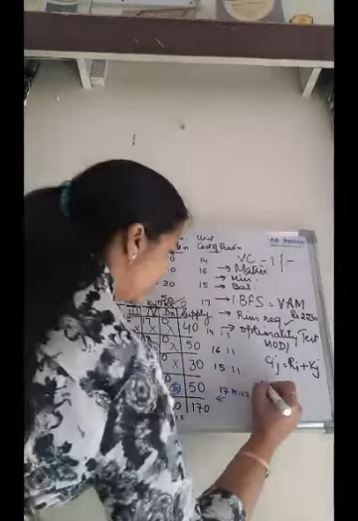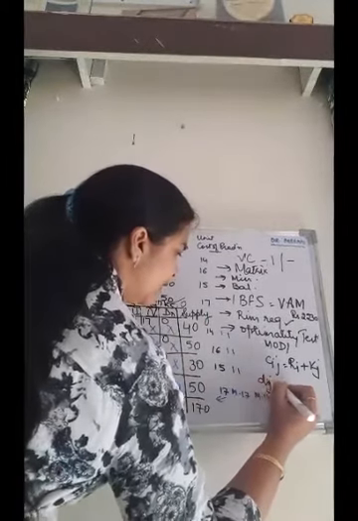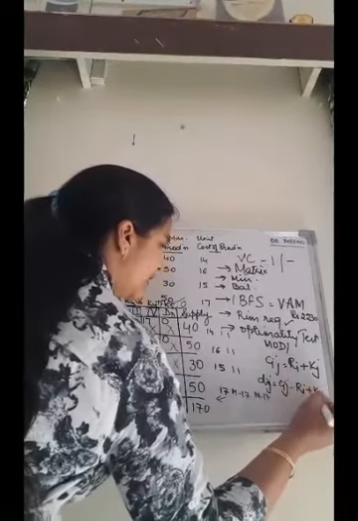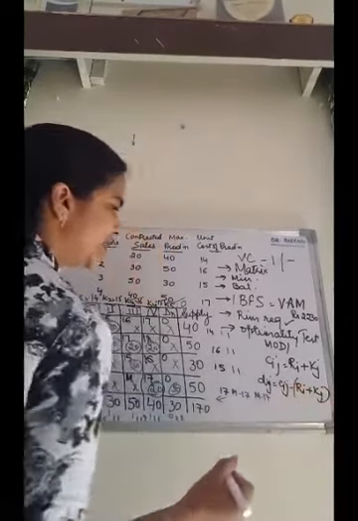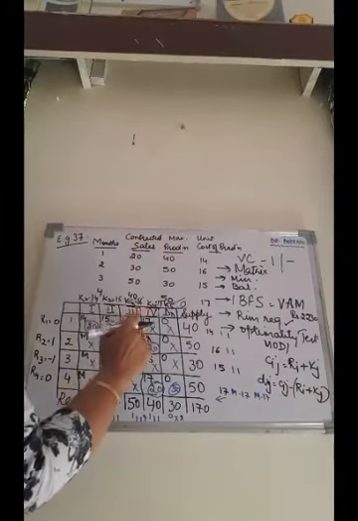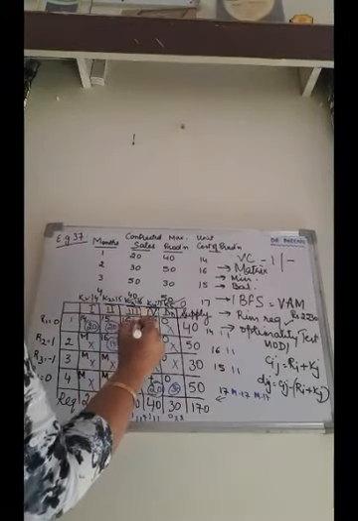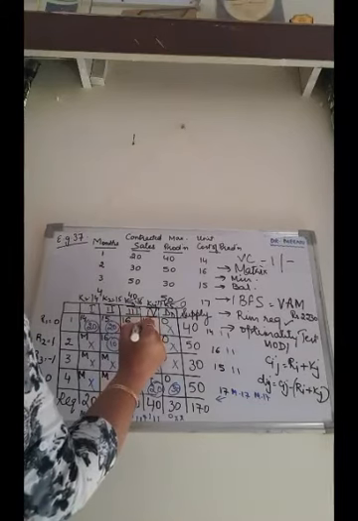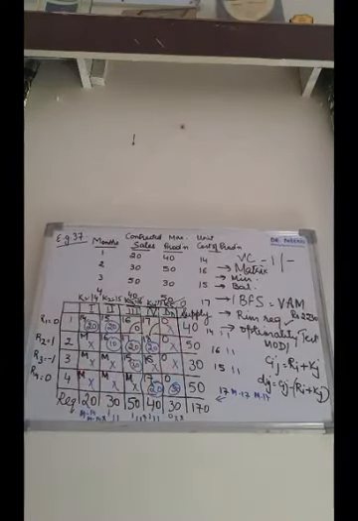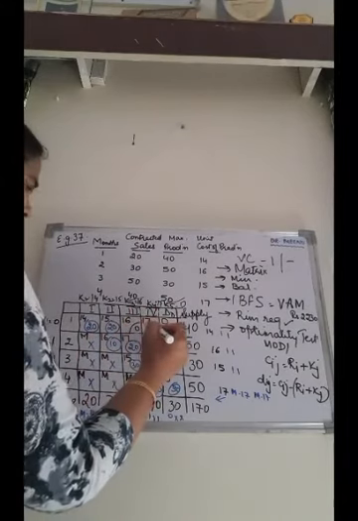Calculating the Dij's for the unoccupied cells, Dij is equal to Cij minus Ri plus Kj. That is to calculate the opportunity cost for the unoccupied cells. 16 minus 16 plus 0. It is going to be 0. Then this is for all the unoccupied cells. 17 minus 17.